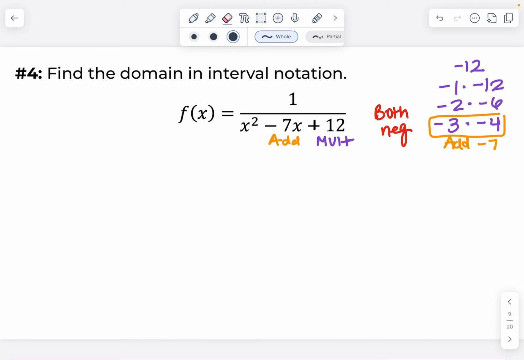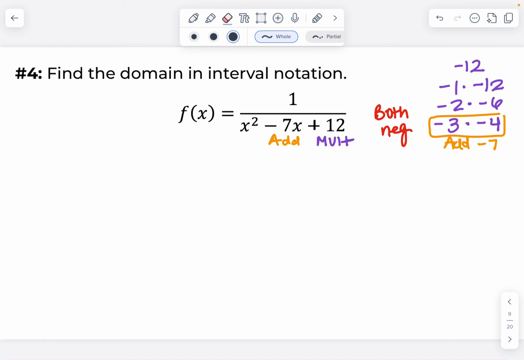Okay, so for this one, remember when we're factoring trinomials, we need to figure out what two numbers add to the middle number and then multiply to the last number. So here we're multiplying to a positive. The only way to multiply to a positive is if both our factors are positive numbers or if both our factors are negative. Because we're adding to a negative number, that means both of our numbers are negative here.